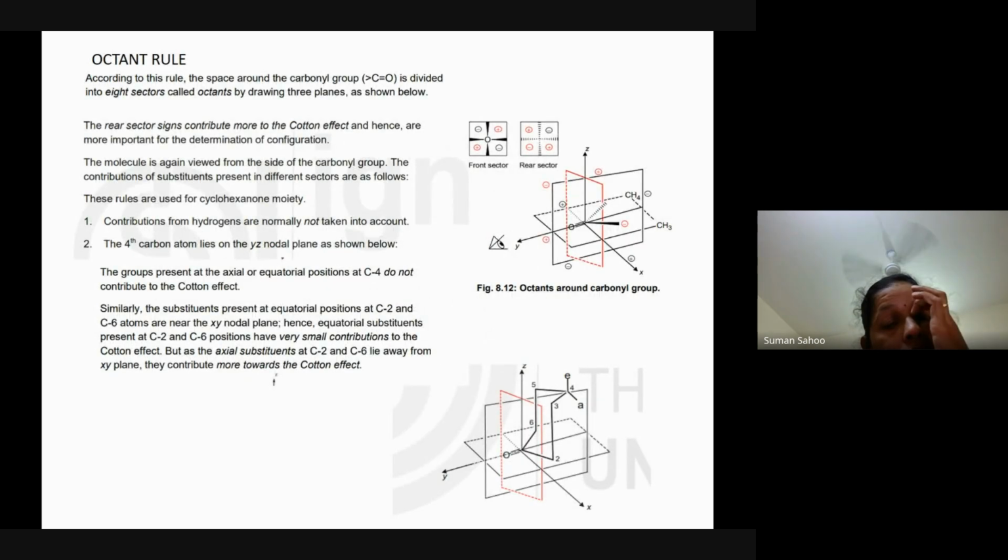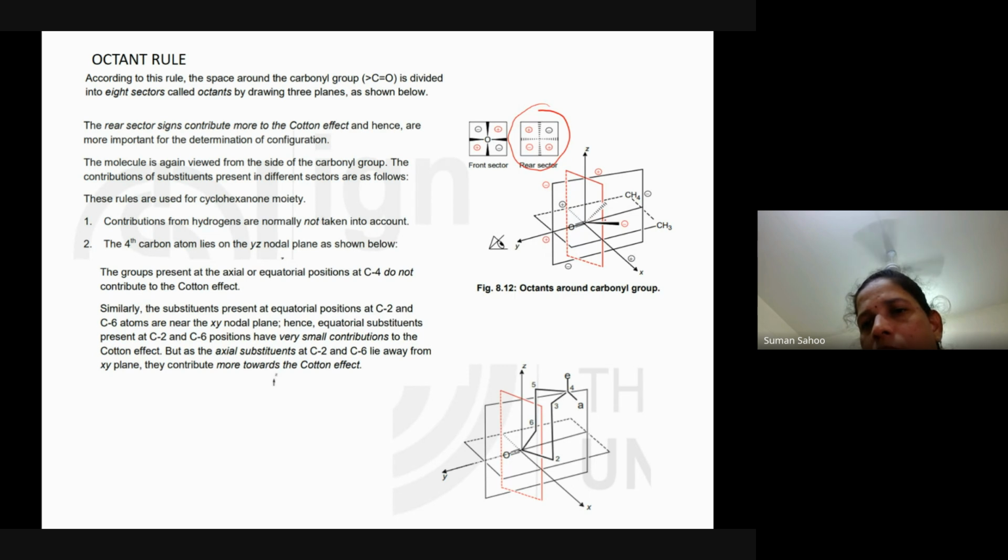Next comes the octant rule. According to this rule, the space around the carbonyl group is divided into 8 sectors called octants, like this: minus plus plus minus, minus plus plus minus. The rear sector contributes more to the Cotton effect.